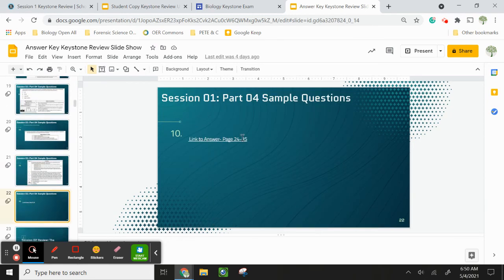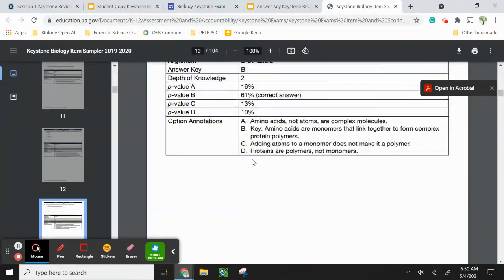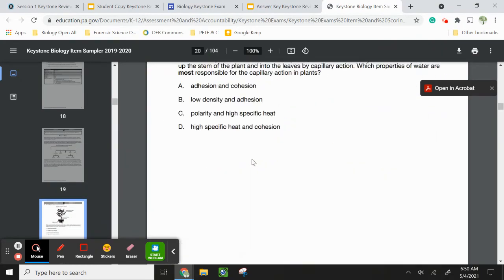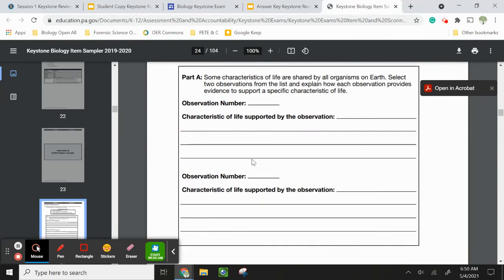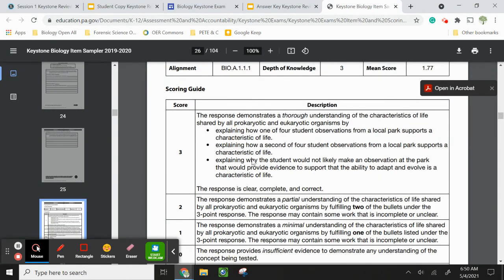Let me look at some of the samples that they gave us in this sampler here. This was the 2019 version of the exam, and I wrote down what slide it was on. Here we go. There's the question, and these are some of the possible scoring guidelines.